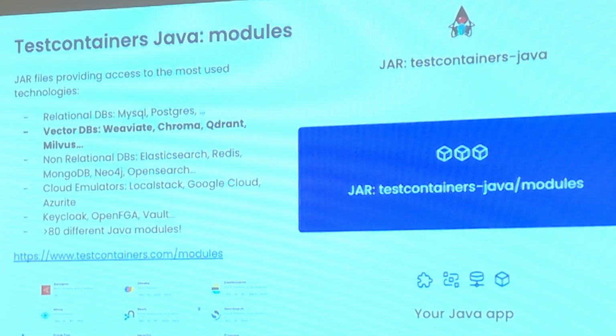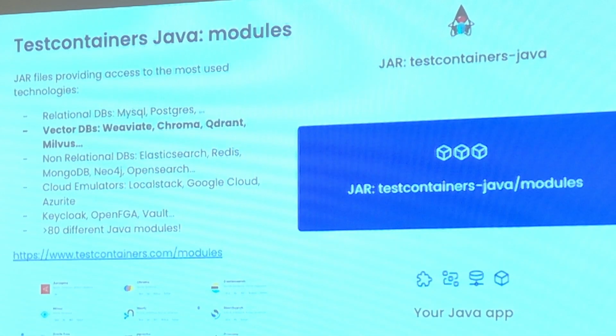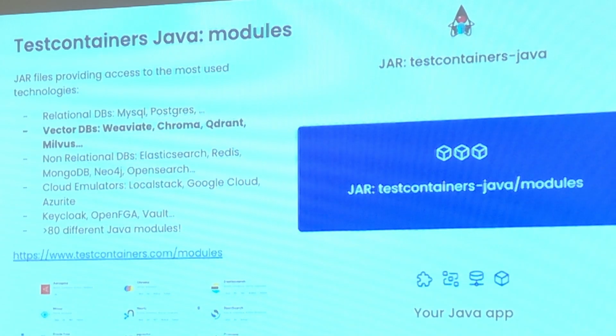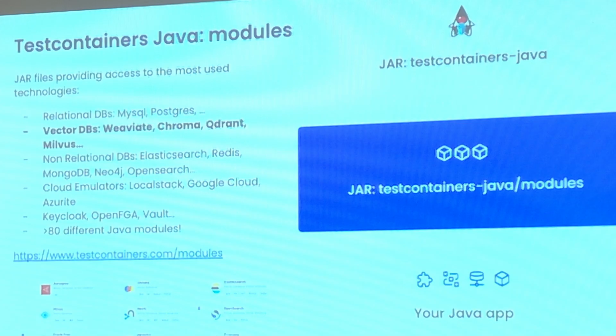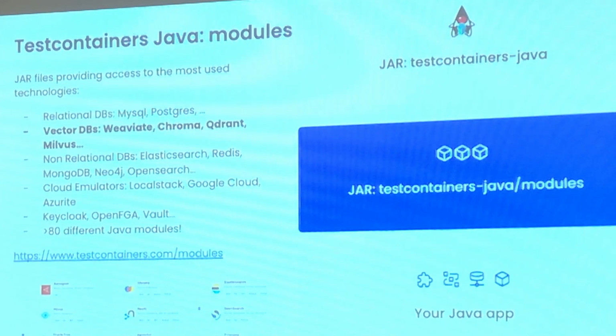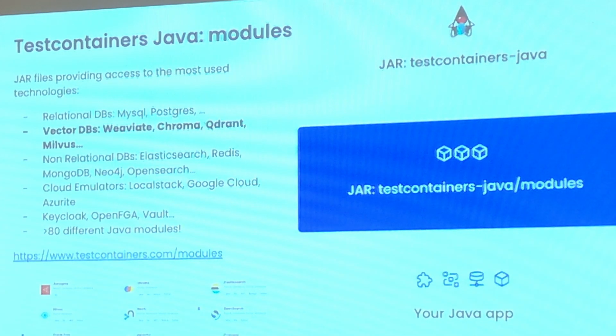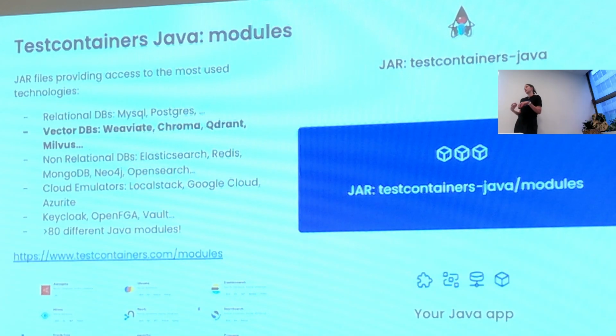There is also the concept of Testcontainers modules that we will be using as well. The basic building block is the generic container, and you can spin up everything that can be run as a container using a generic container. The modules serve as high-level abstractions around some specific technology. For example, Postgres, they just hide some implementation details of how you want to start Postgres.